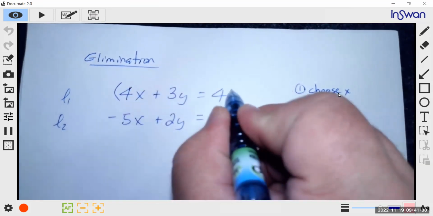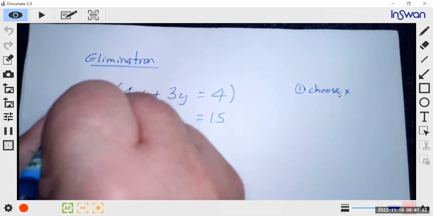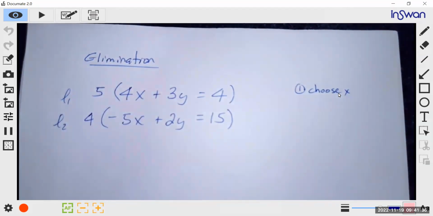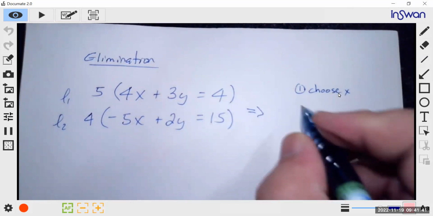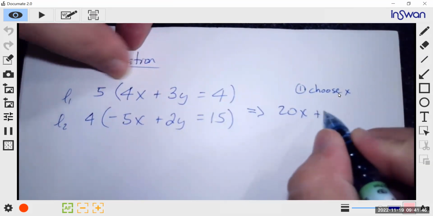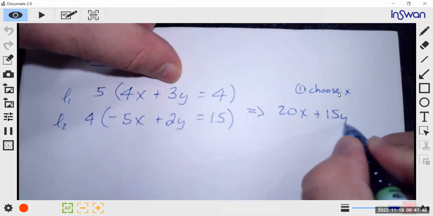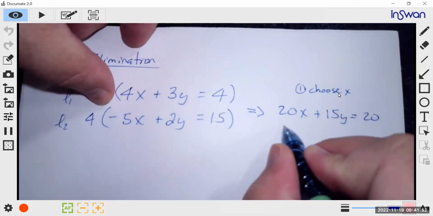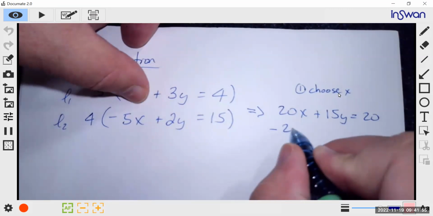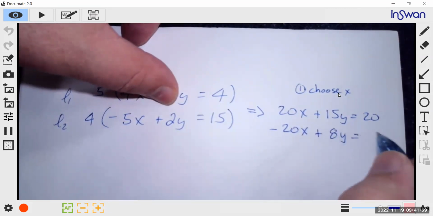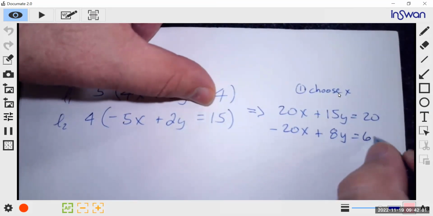If I multiply the first equation by 5 and the second equation by 4: 5 times 4 is 20, 5 times 3 is 15, 5 times 4 is 20. Negative 4 times 5 is negative 20, 4 times 2 is 8, 4 times 15 is 60.